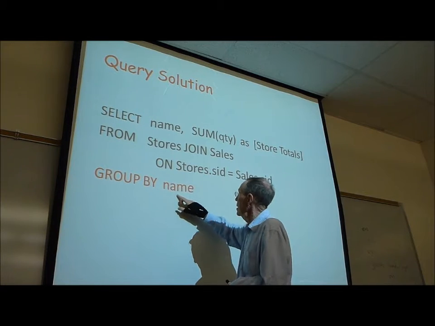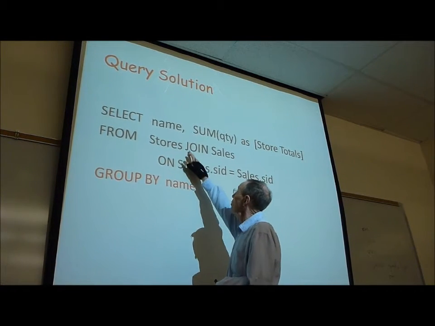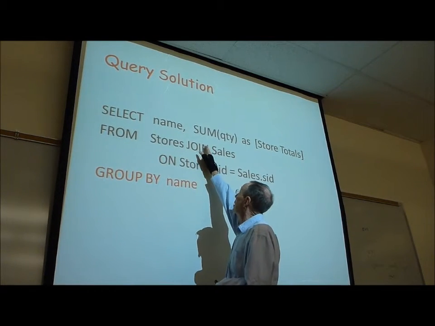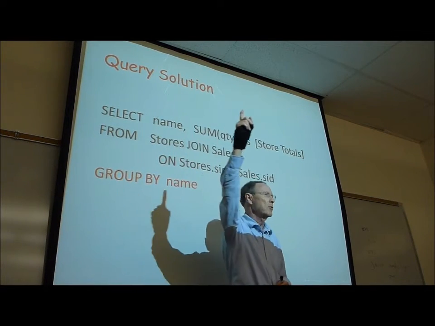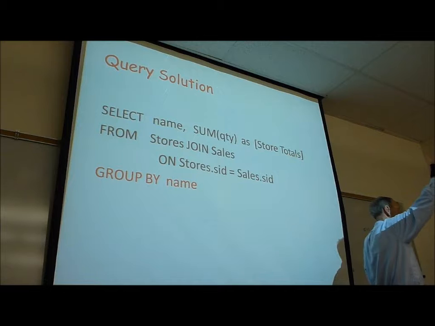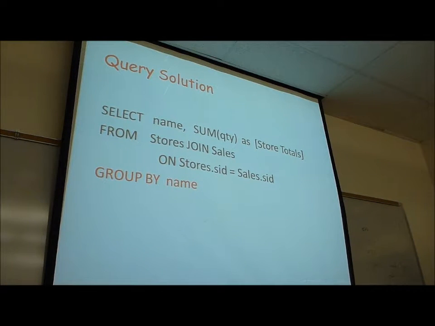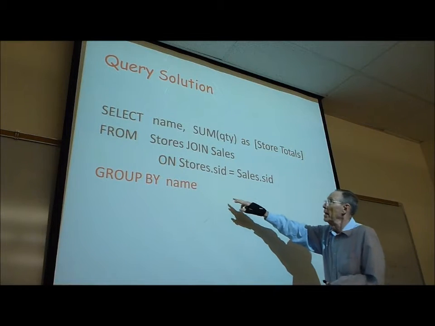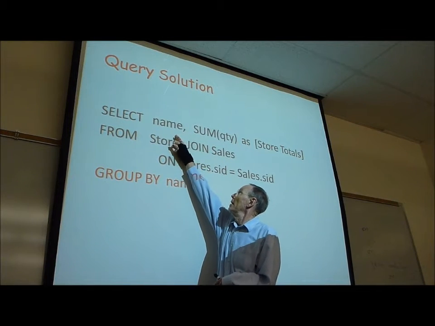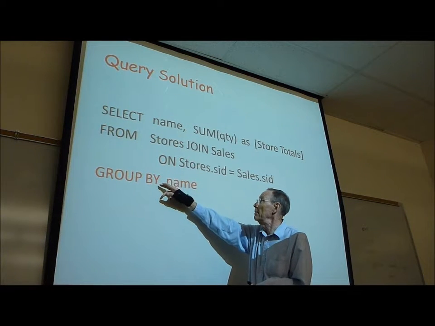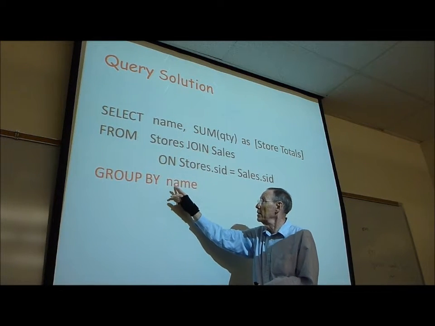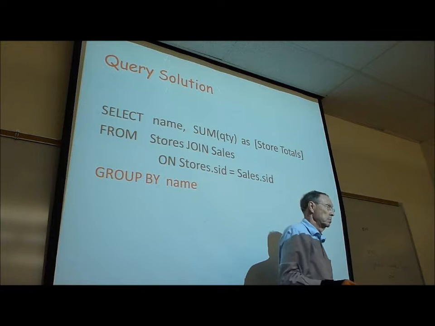The name here, I don't have to have that up here. But one of the things we have to have, in the case when we have an aggregate up there, is that's the only thing I can have in my select list, except when I have a column name that's in the group by clause.